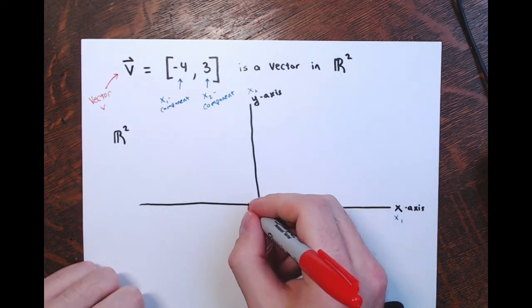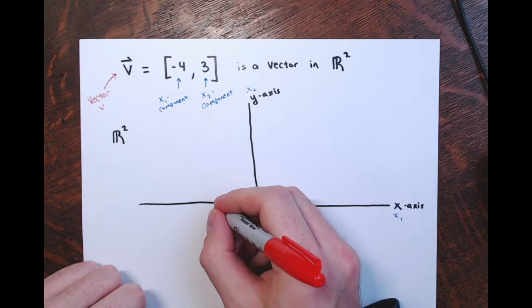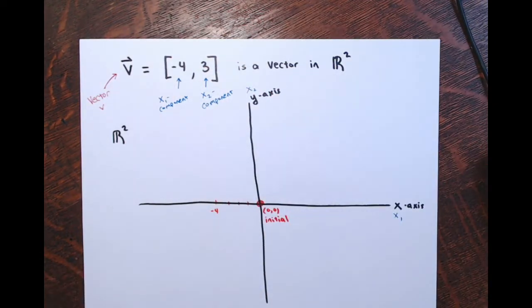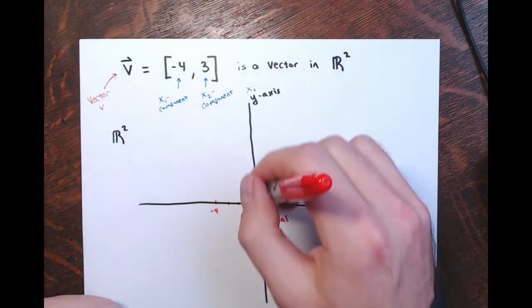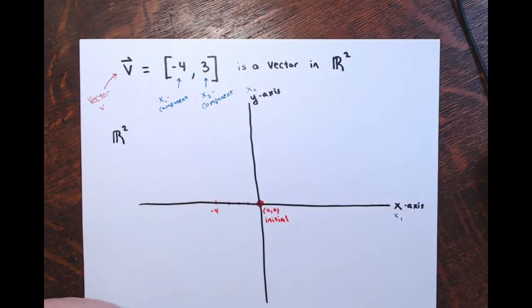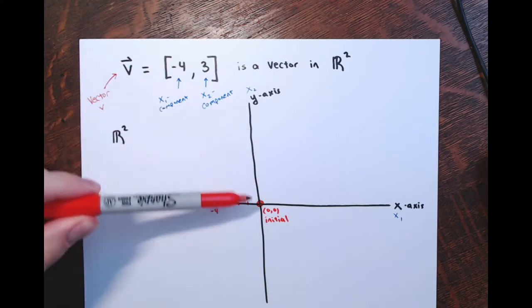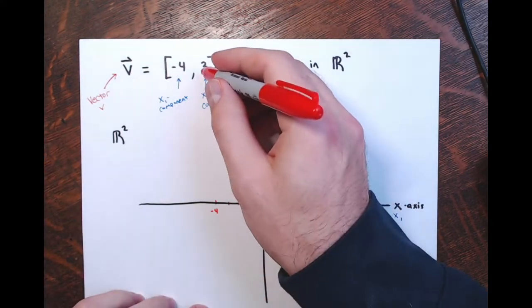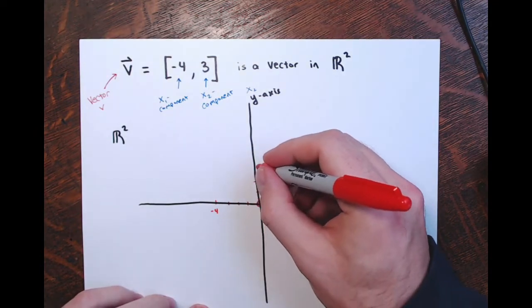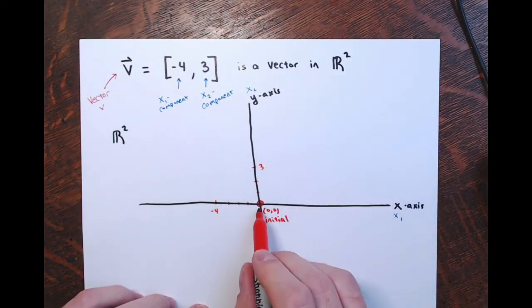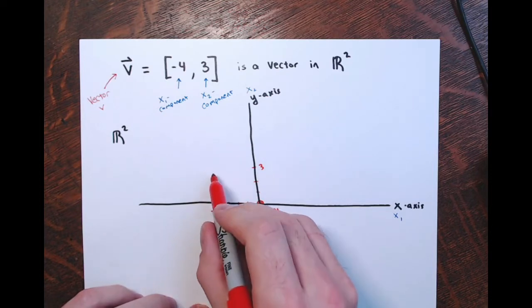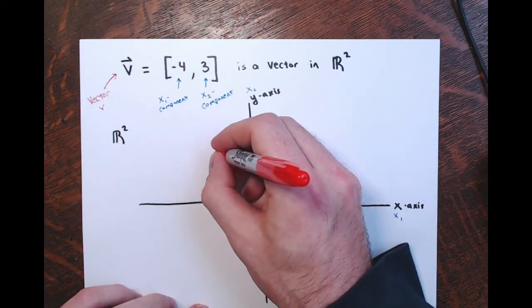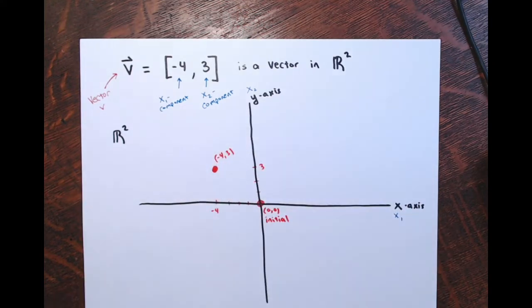So I move left 4, and then the second component is the x2 component, or the y component. It tells me move parallel to the y-axis. And positive is up, negative is down. So this is +3, left 4, up 3. So if I start here, move left 4, up 3, I end here. And there's the point with parentheses, the point -4, 3.